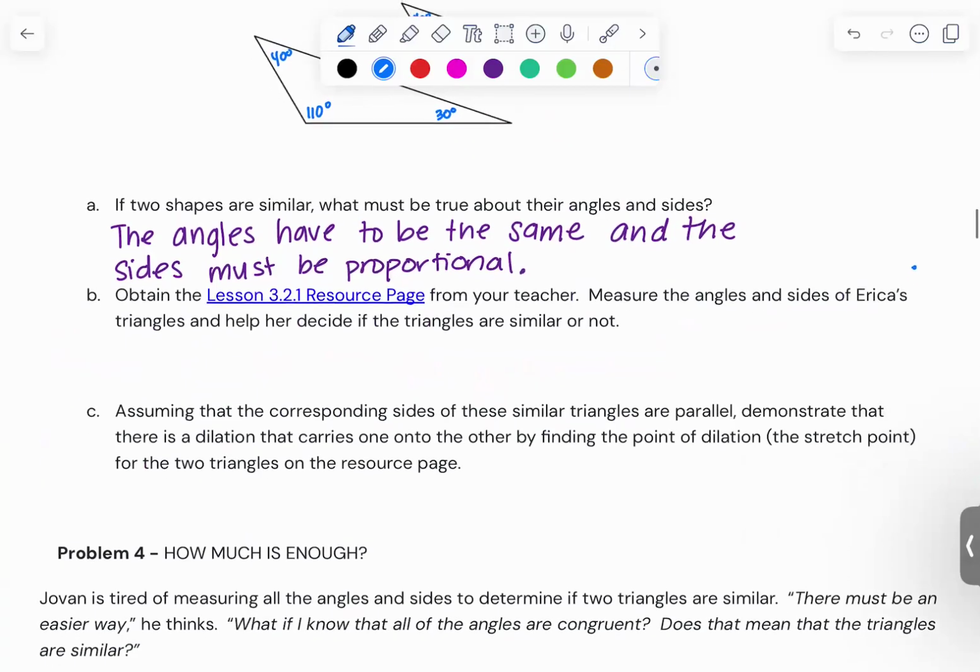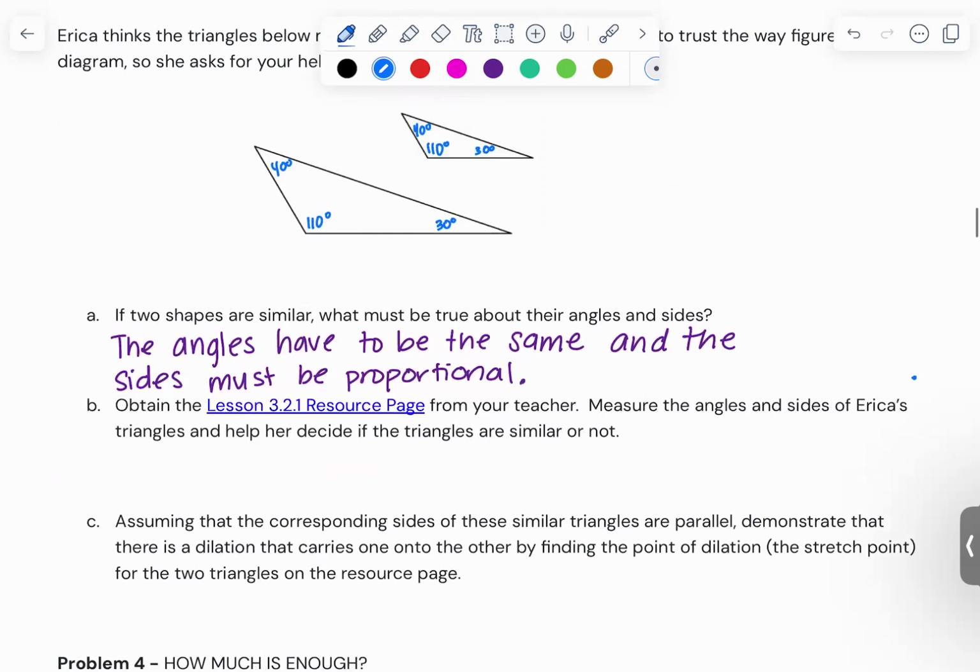So then for part C, assuming that the corresponding sides of these similar triangles are parallel, demonstrate there is a dilation that carries one onto the other by finding the point of dilation, or the stretch point, for the two triangles on the resource page. So you could mark this point here, and then kind of draw that line from here to here.